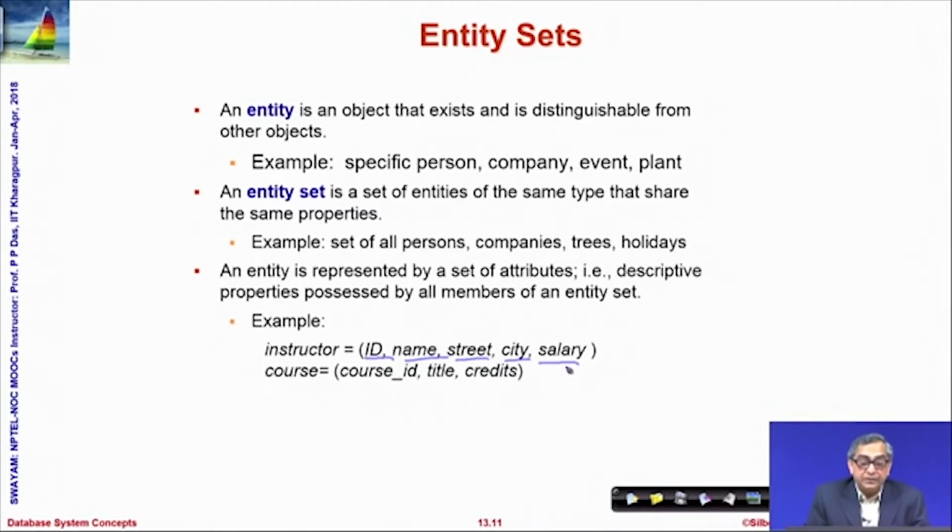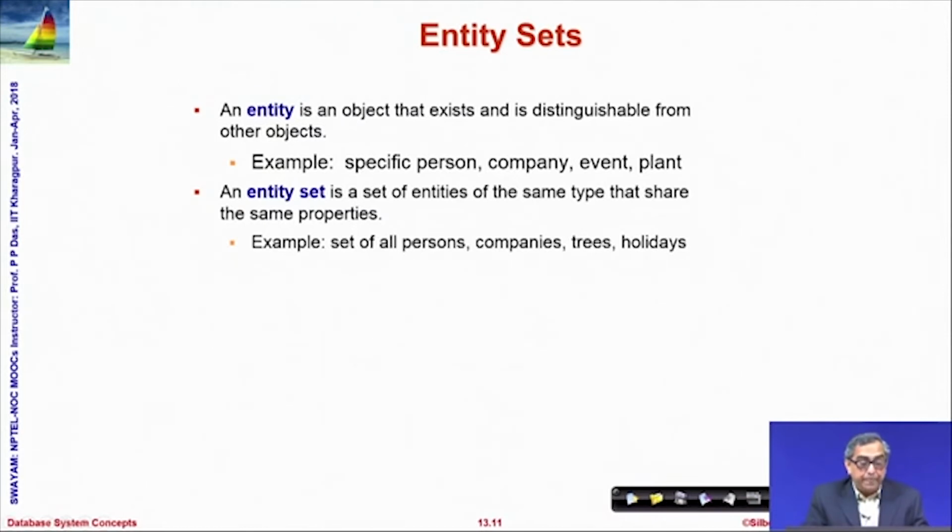So, there are 5 attributes, and the values of these 5 attributes for a particular instructor define my entity set instructor. Collection of these attributes define my entity set courses. So, these are my different entity sets that can be defined.